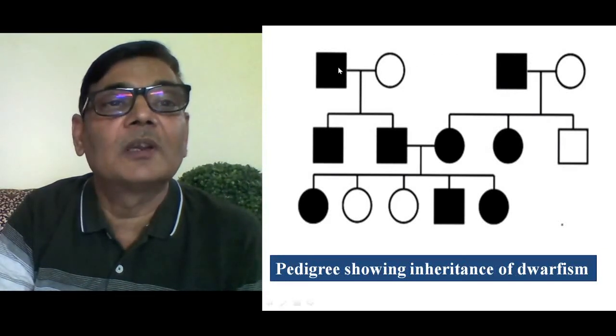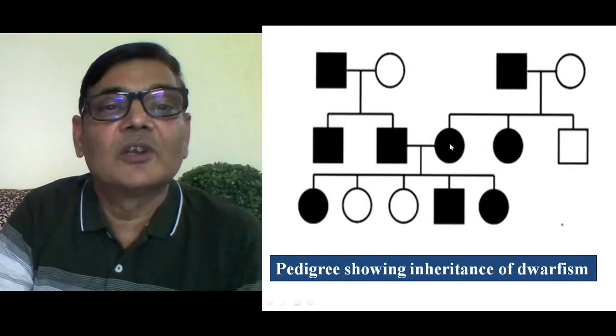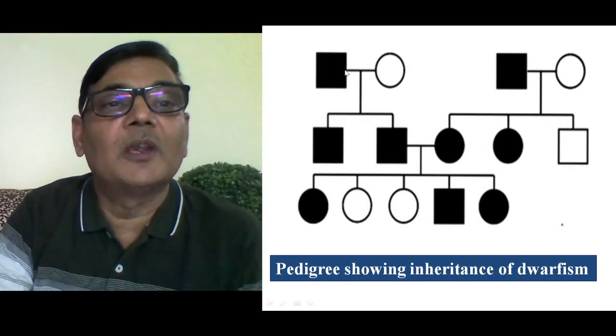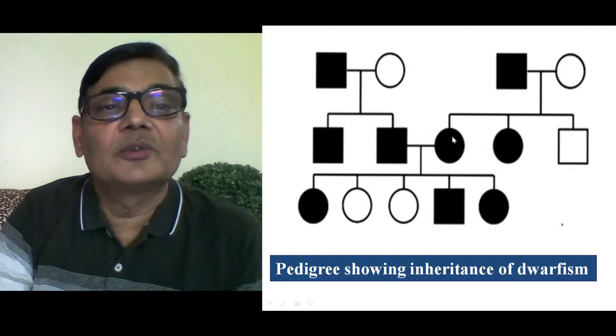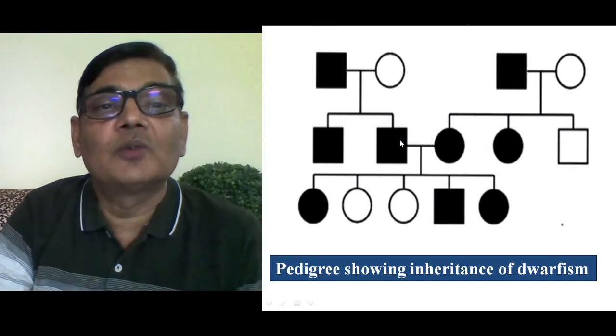we are observing is that males and females both are showing the trait in almost equal way. Males are also sufferers, females are also sufferers. So this is one of the points to understand that the particular trait is situated on an autosome, because autosomal genes or alleles are inherited in both sexes with equal probability.